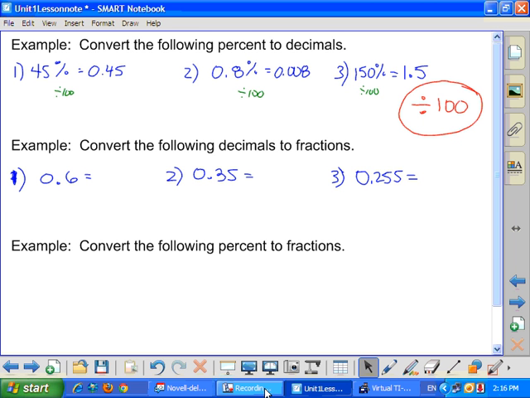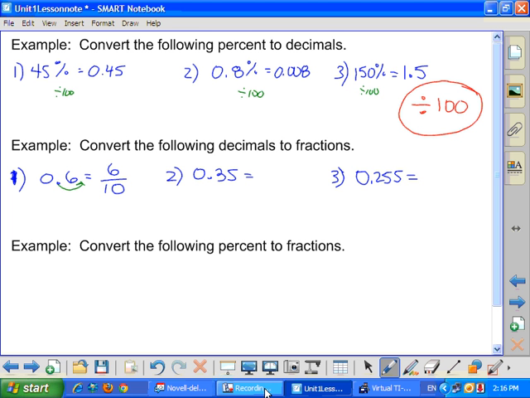What we're going to do is count how many times we move the decimal over. So to get it to be a number without a decimal, I'd have to move the decimal over one spot. My numerator would become a 6. My denominator is going to be 1, and then I count how many times I moved my decimal. In this case, I moved it once, so I'll have 1 0.